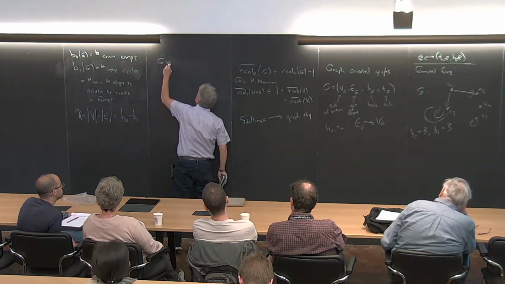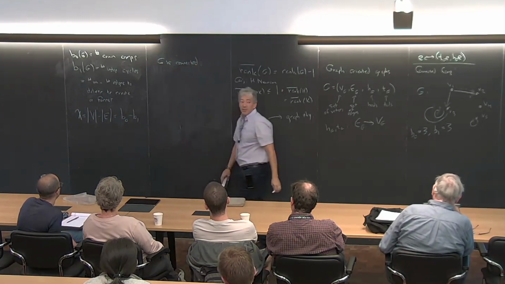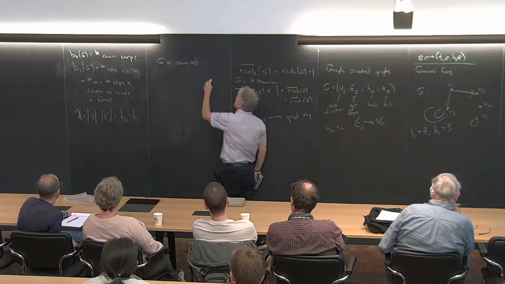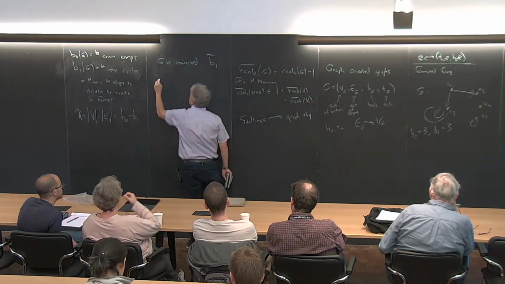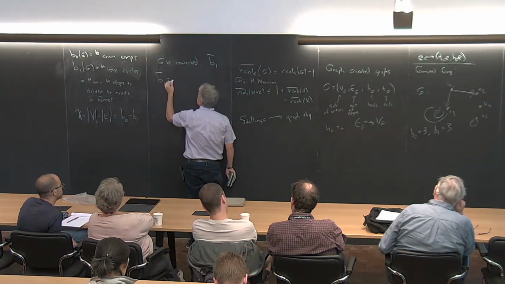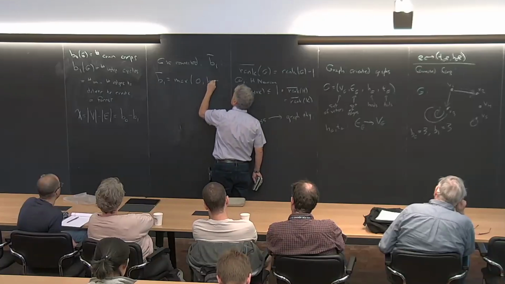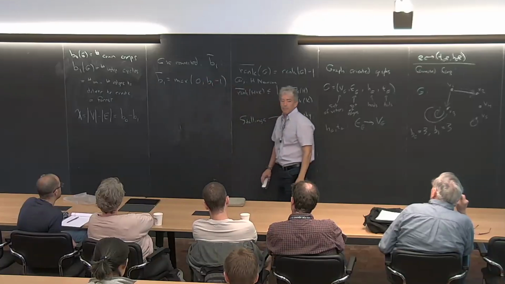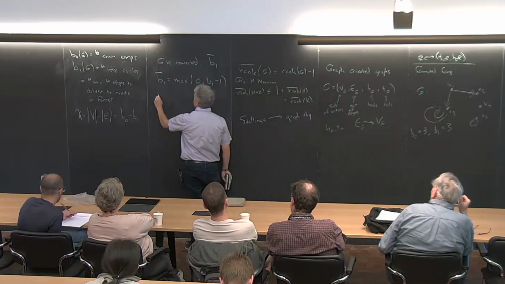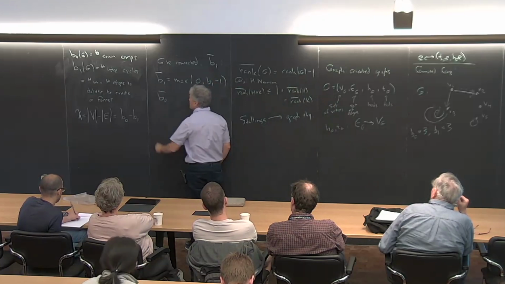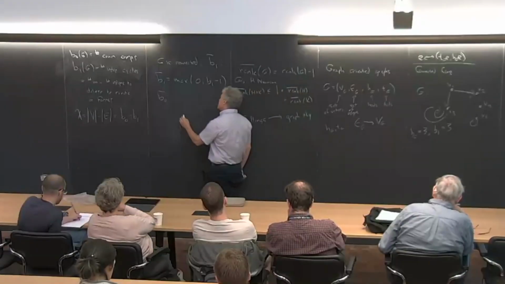So say G is connected. Then we define the first reduced Betti number. The reduced Betti number is just the maximum of 0 and the Betti number minus 1. And this is not so important to the talk, but it'll hopefully make things make a little more sense.